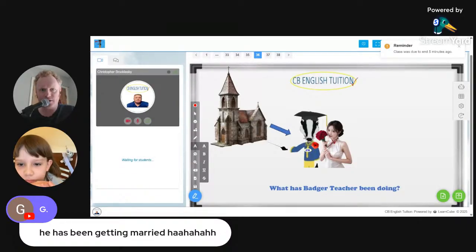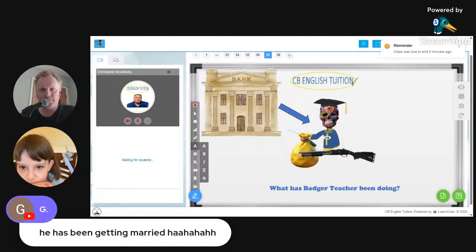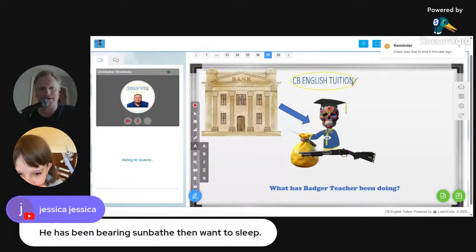The next one actually is a bit weird. I don't know about this one. What has Badger been doing? He has been stealing money. He's been stealing money. Why do you think he's been stealing money?